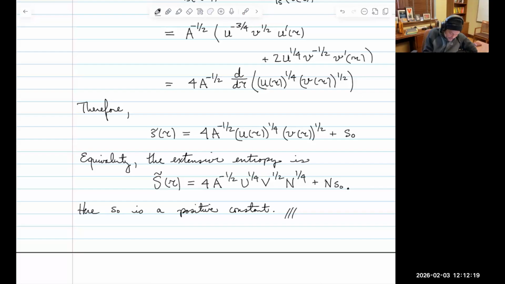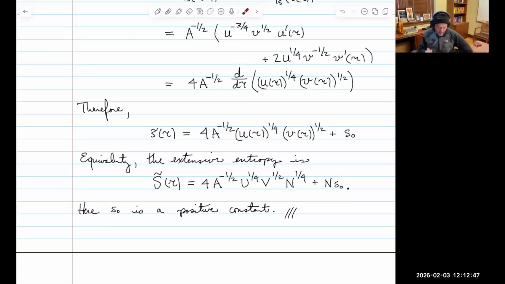So here the abuse is, just so that we're all on the same page, the abusive notation is this. All right. And again, to convert to the extensive entropy, just multiply by n. And when you do that, you should get this.